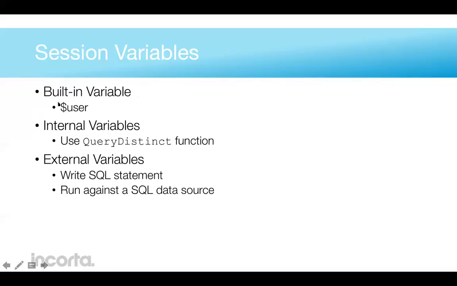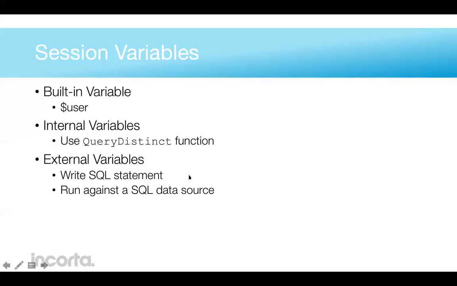So this is the built-in variable. In addition, we can also build the session context by using either an internal variable or an external variable. I'm going to go over the internal variable in a demo later. These are the ways to fetch the data, and as I mentioned earlier, each of these has pros and cons.